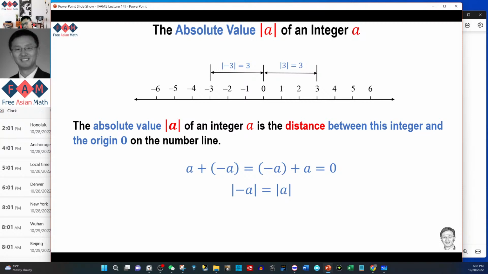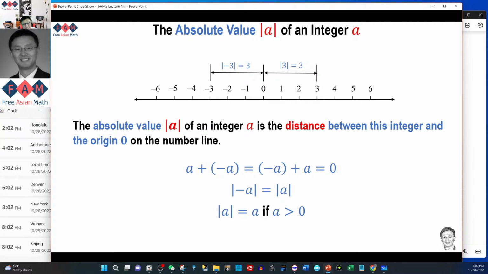But it's very common for young students, whenever you see A, to subconsciously assume A is positive. That's not necessarily true at all. Now we should be equally comfortable with a number that is either positive or negative. So A could be negative in the first place. So what is the absolute value of A if A is positive? If A is a positive integer, then the absolute value of A is just A itself, because A is positive, right?